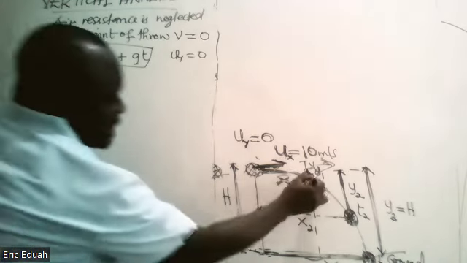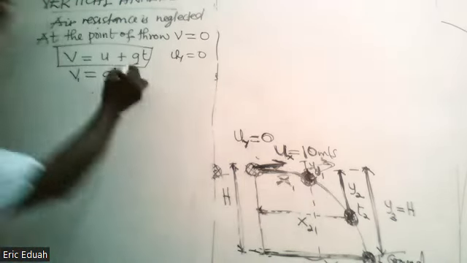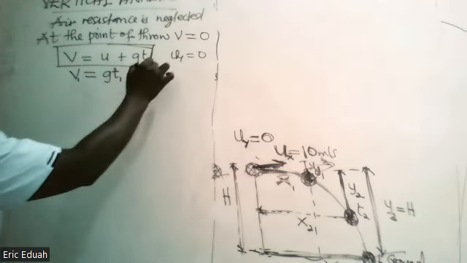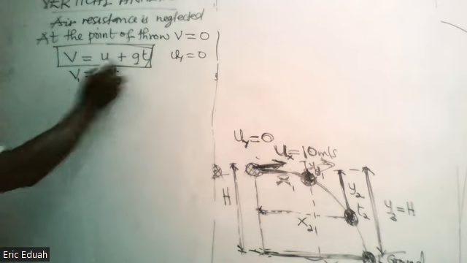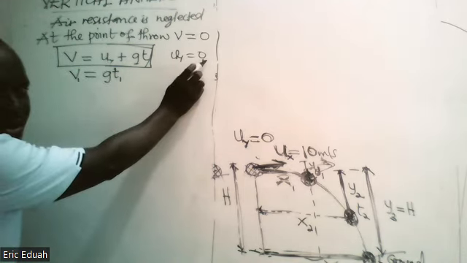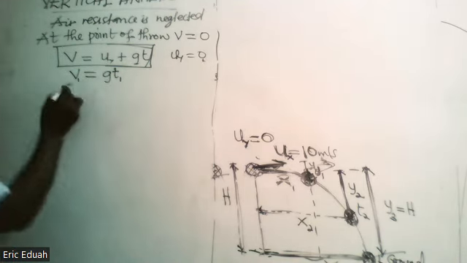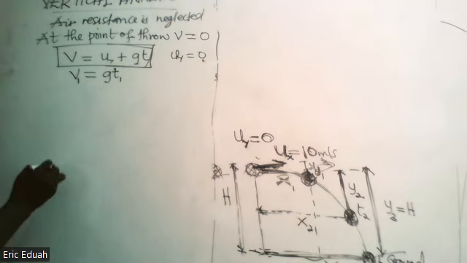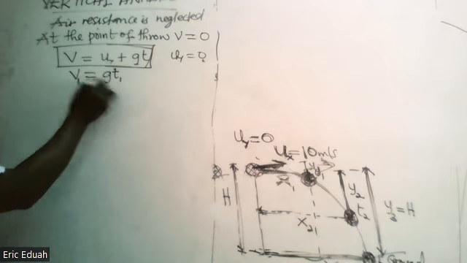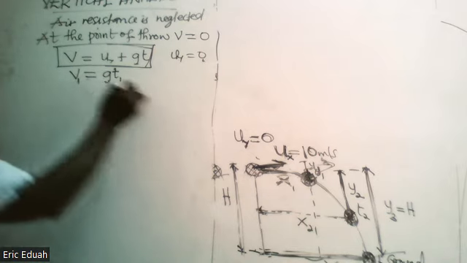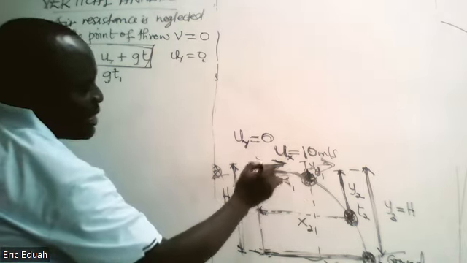If I want to determine the velocity V1 using this equation, the initial vertical velocity is equal to 0, so it's like free falling. Therefore, V1 is equal to G times T1, and T1 is the time taken to move from here to this point.